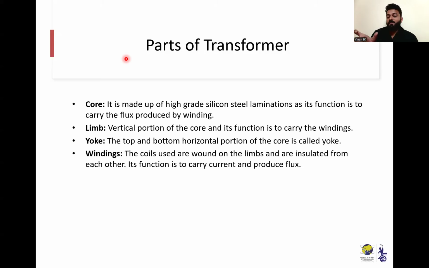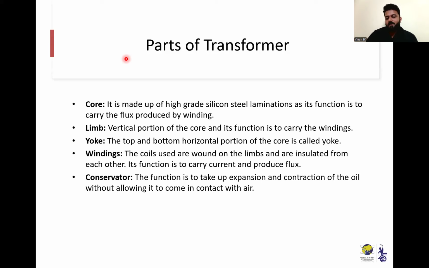Windings: the coils which are wound on the limbs and are insulated from each other, and their function is to carry the current and produce the flux. And the conservator tank, whose function is to take up expansion and contraction of the oil without allowing it to come in contact with the air.